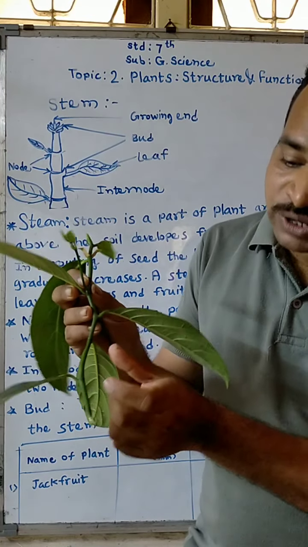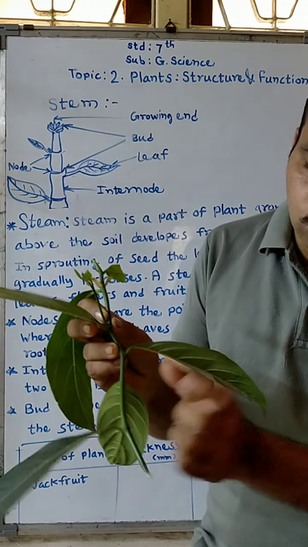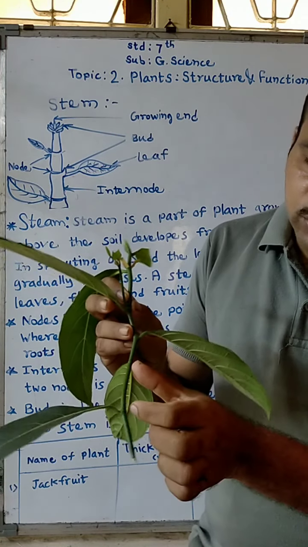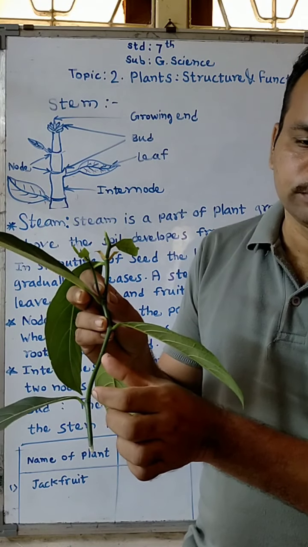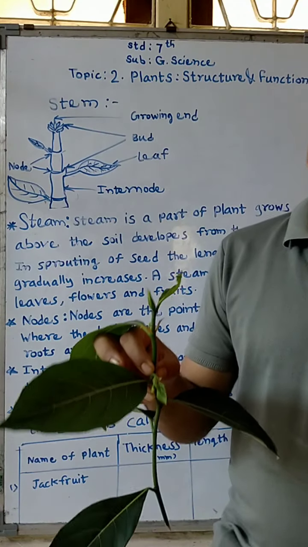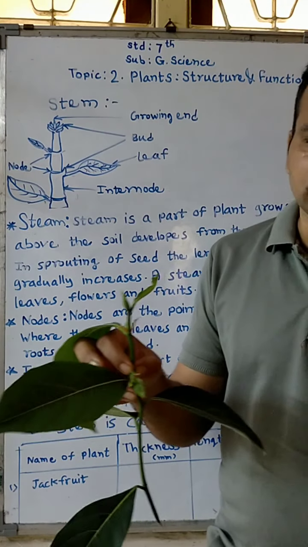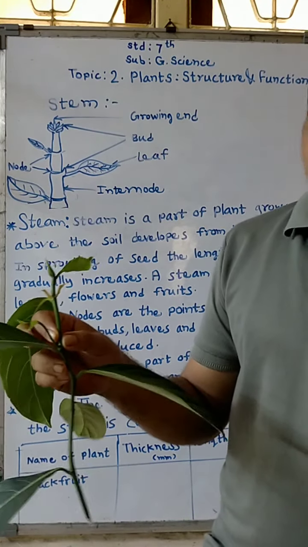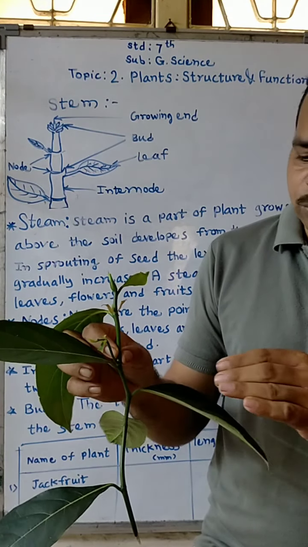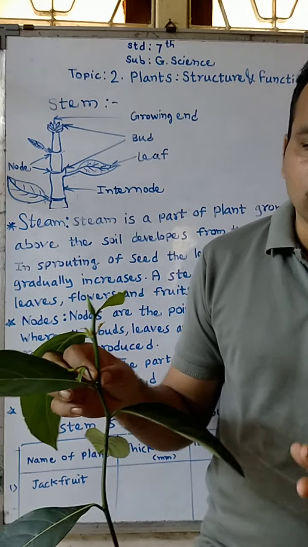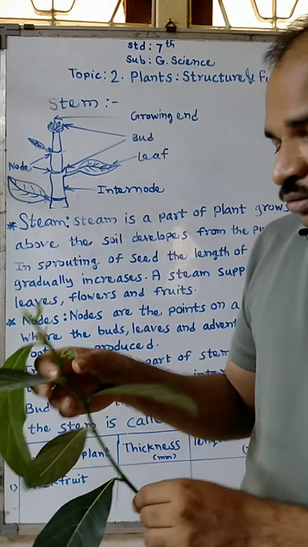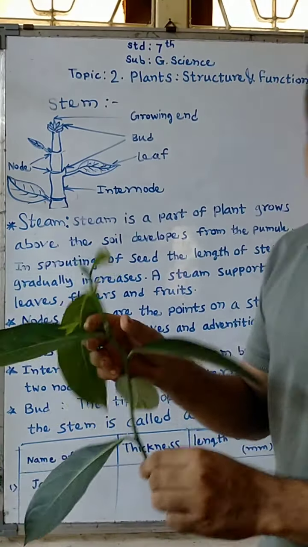If you consider these two nodes, the part between them is known as the internode. And the bud is the tip or apical end of the stem. A small lump on a plant that develops into a leaf or flower is also known as a bud. These are the different parts of the stem.